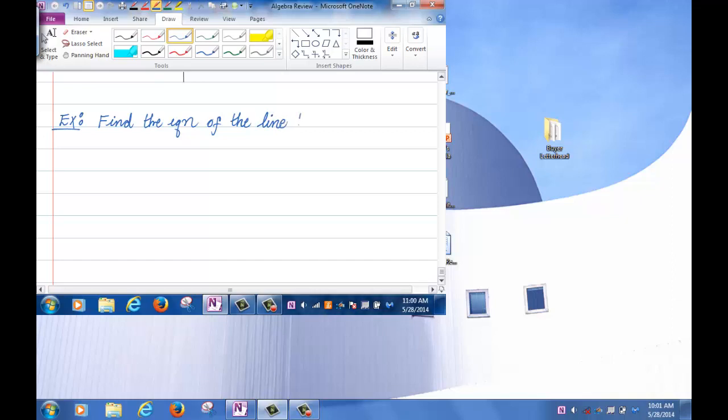Find the equation of the line that passes through 2 comma negative 5, and has, okay, so first part, and it has slope -3.